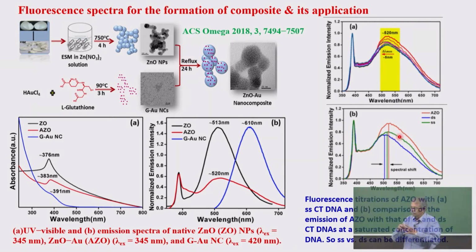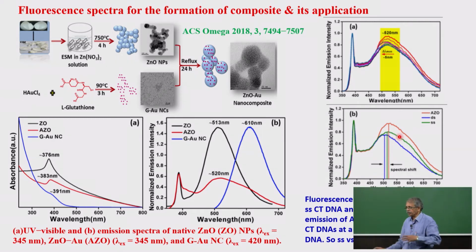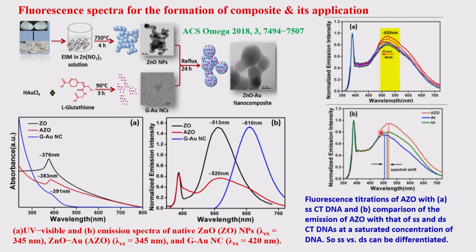You incubate them and leave them for some period for saturation and then look at the spectra. This is for the simple gold zinc oxide, and then when you mix the double strand here and the single strand here. From the shift of this position as well as the change in intensities, since these are all normalized intensities, you can compare them directly.